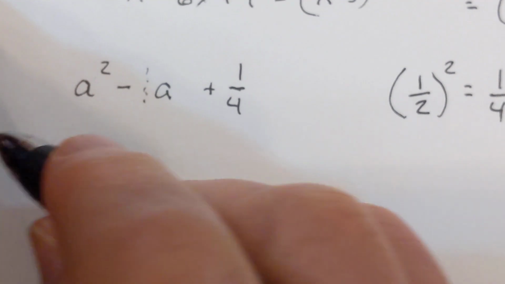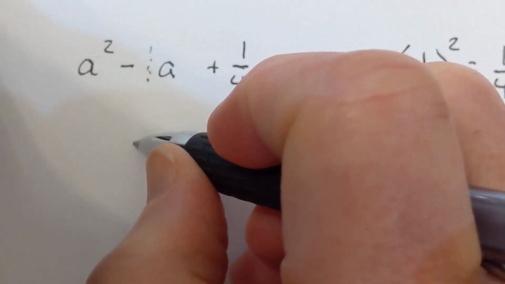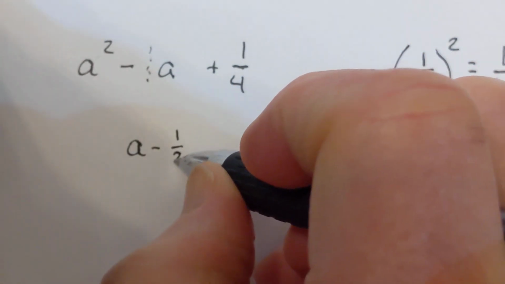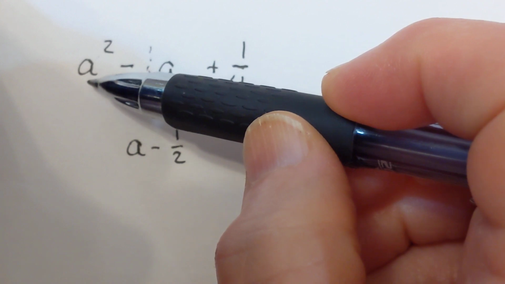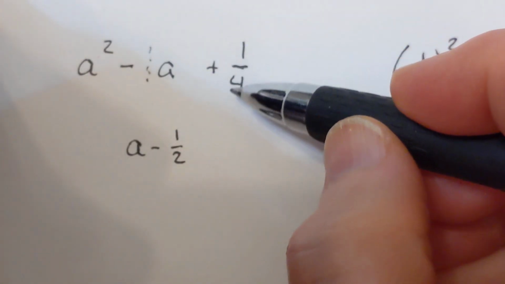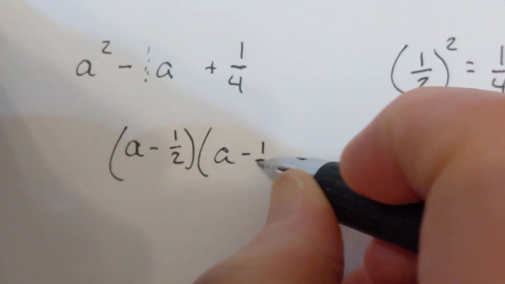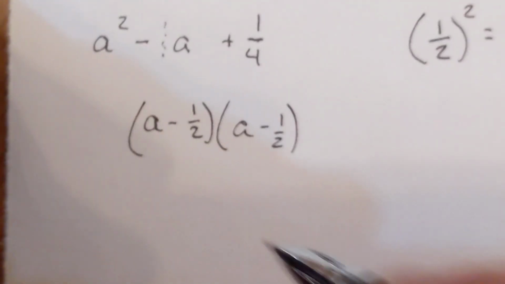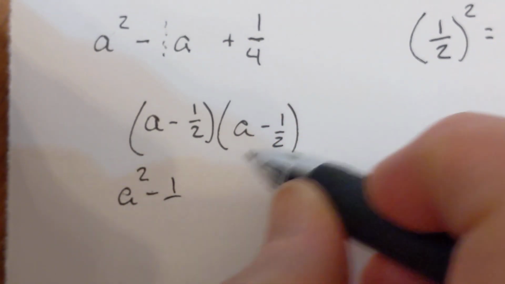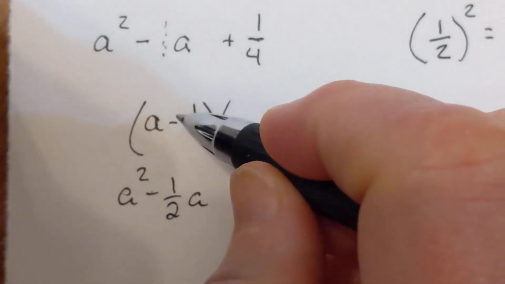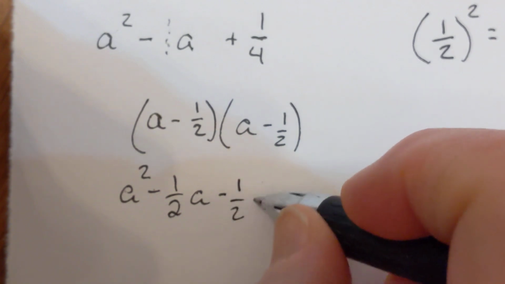So I want to check to see, is this indeed a squared binomial? So I'm going to do a minus 1/2. Again, it's minus because my linear term is negative. a is the square root of a squared, and 1/2 is the square root of 1/4. So I'm going to expand this out, and I get a squared minus 1/2 a, and negative 1/2 times a is negative 1/2 a.